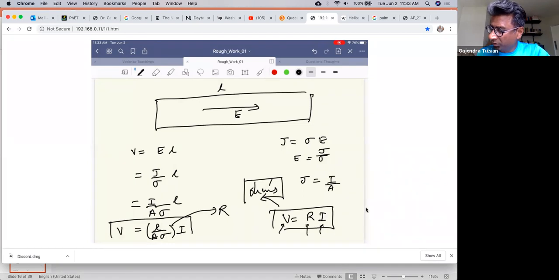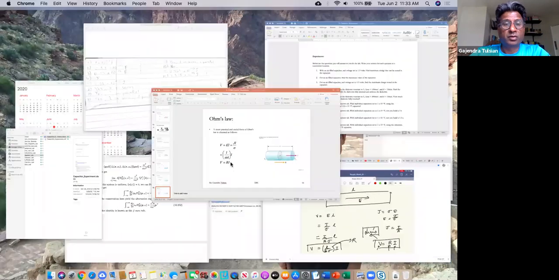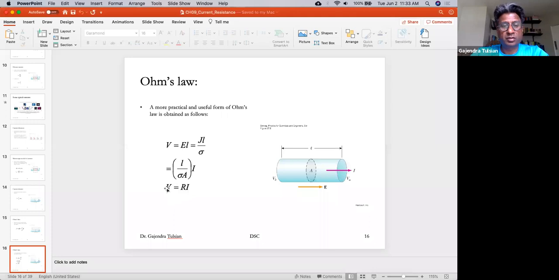These are all quantities that are easily measured using macroscopic instruments. So the voltage across a conductor is equal to the resistance of the conductor times the current passing through the conductor. So if you double the current in the conductor, the voltage across it will double. Or if you want to double the current, you have to double the voltage.